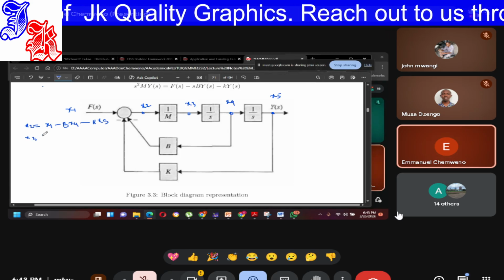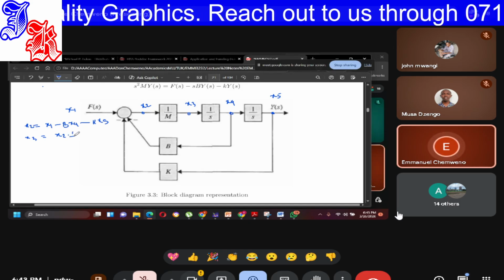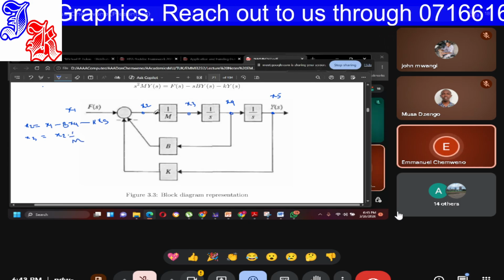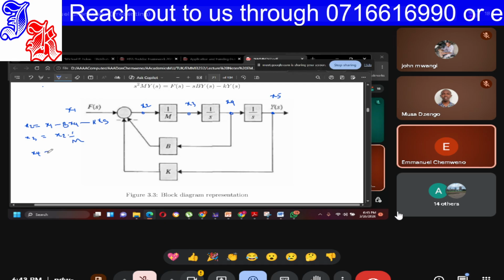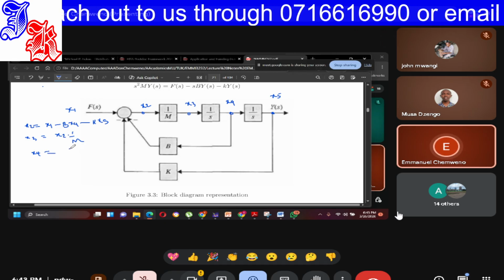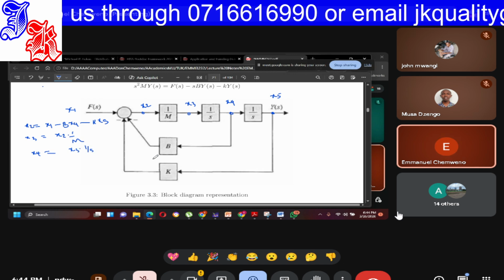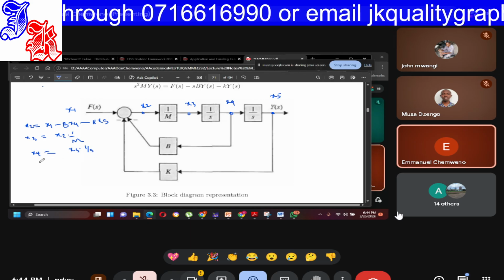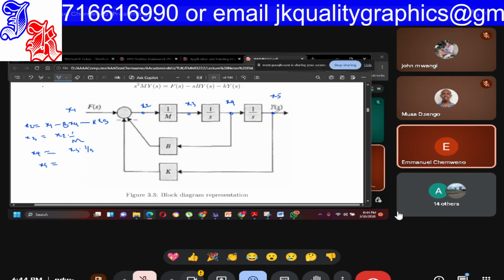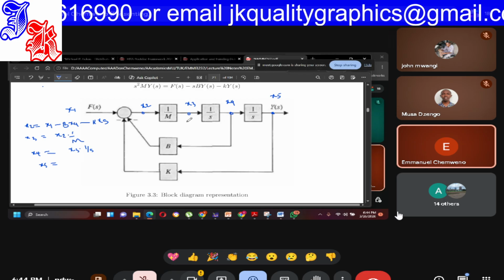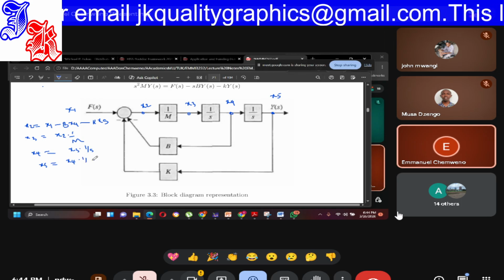x3 is equal to x2 times 1 over m. This x3 is basically x2 divided by m. x4 is equal to x3 times 1 over s. x5 is equal to x4 times 1 over s.